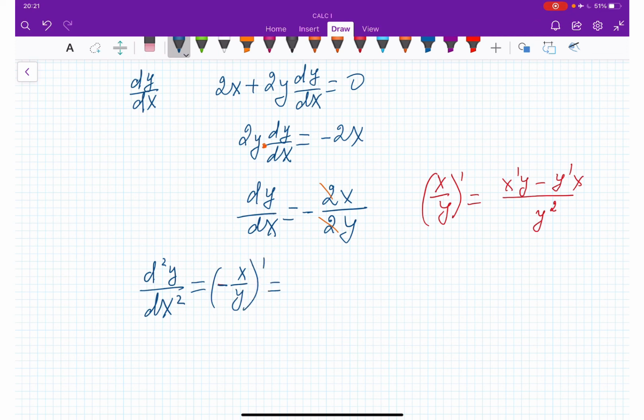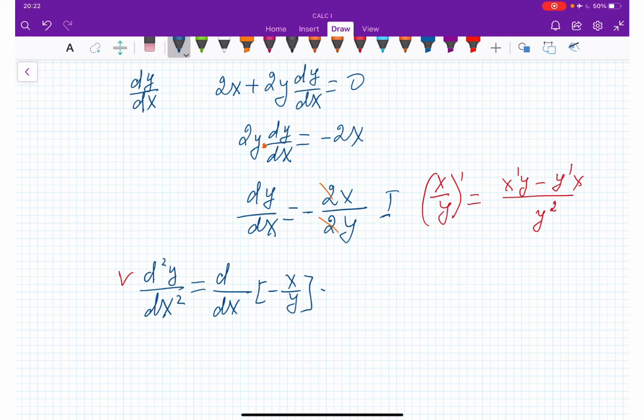Let me write down in this format so it would be better. So d of dx of negative x over y. Now, why I don't put a square here? Because negative x over y is already the first derivative, yes? It's a first derivative, so for the second derivative, d squared y over dx squared, I'm taking the derivative of the first derivative, which means I'm taking a derivative the second time. Okay?